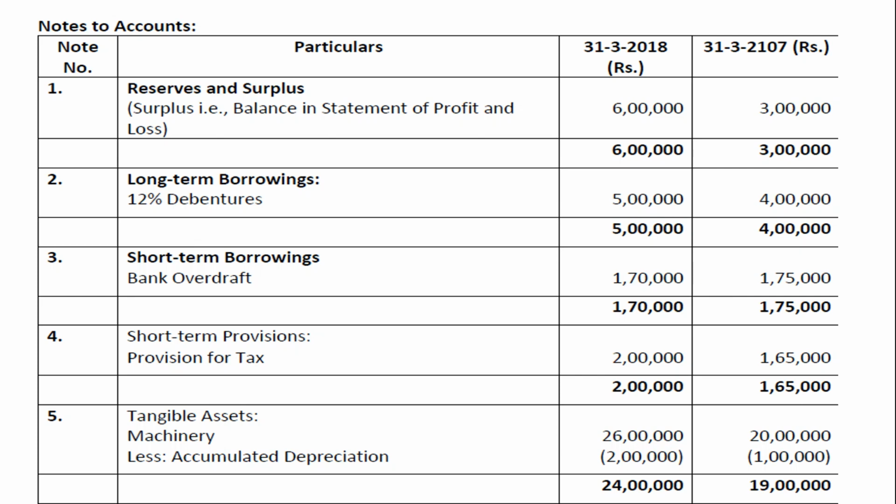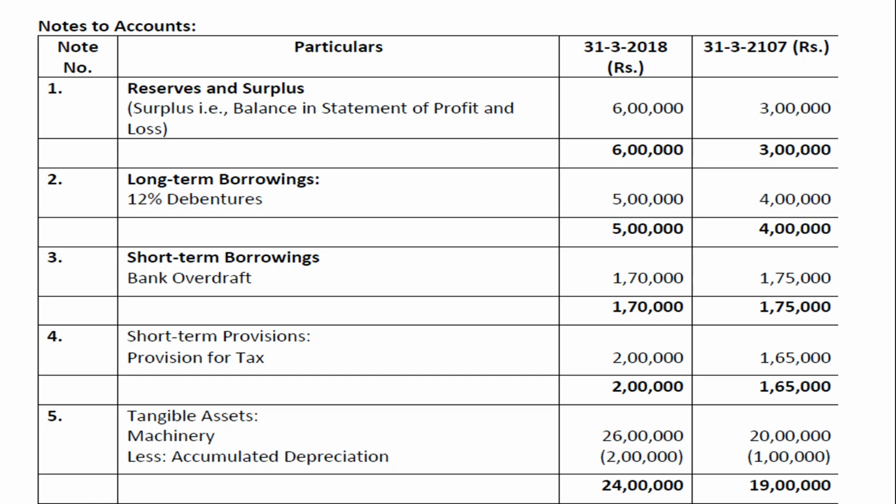So for the investing activity, to find out the cash inflows and outflows on account of the sale or purchase of machinery, we are supposed to prepare a working note where we will be preparing the machinery account and accumulated depreciation account. And there we would take these balances. The opening balance of machinery on the debit side should be 20 lakh because machinery is an asset, and assets have a debit balance. And on the credit side, 26 lakh would be the closing balance.